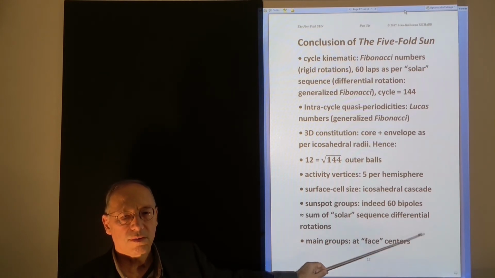In part 2, we also found that there seem to be 5 activity vertices per hemisphere in the Sun, as many as the vertices of an icosahedron.